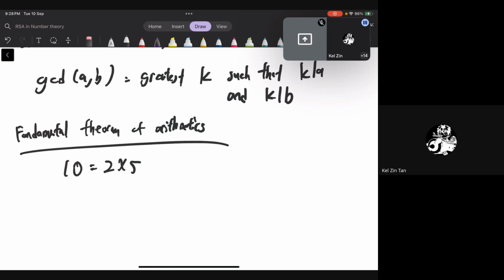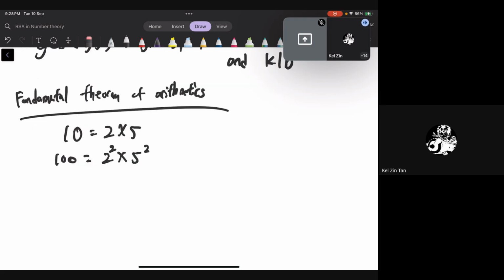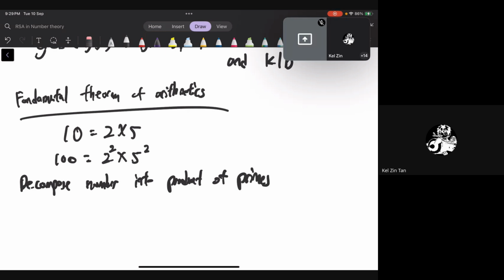And 100 you can write as 2 to the power of 2 times 5 to the power of 2. So you can decompose a number into a product of primes.